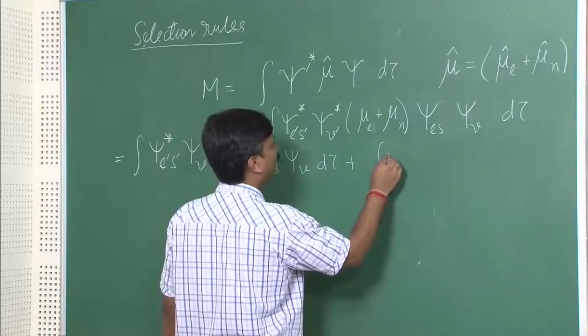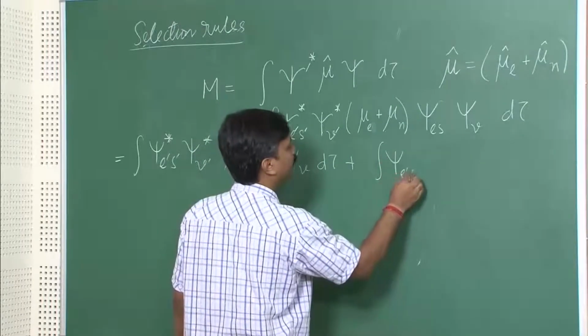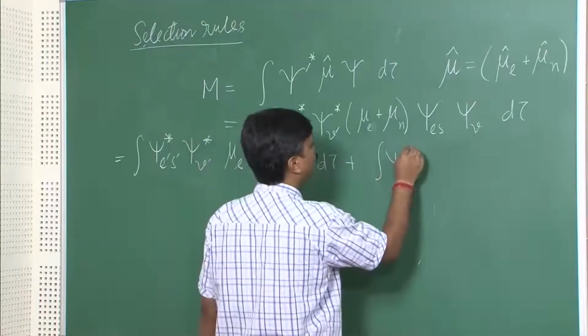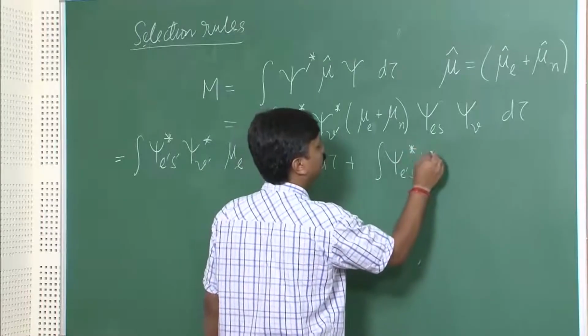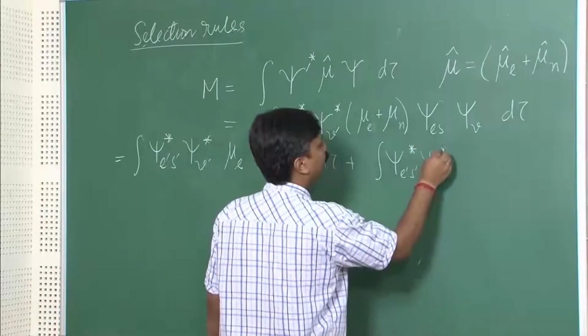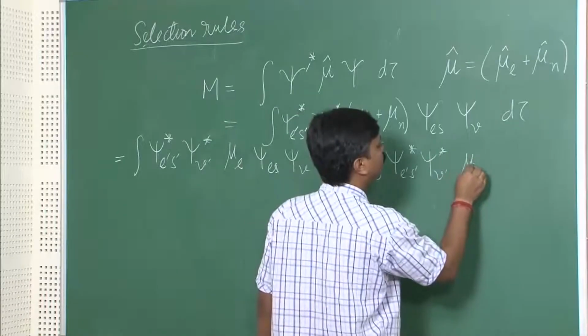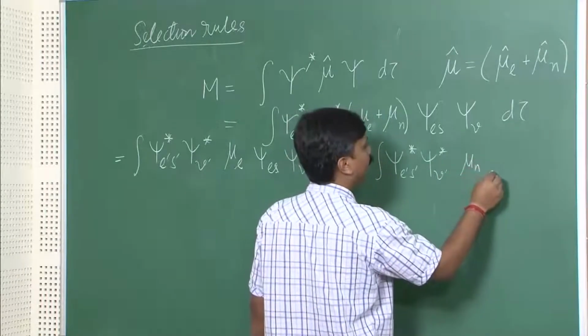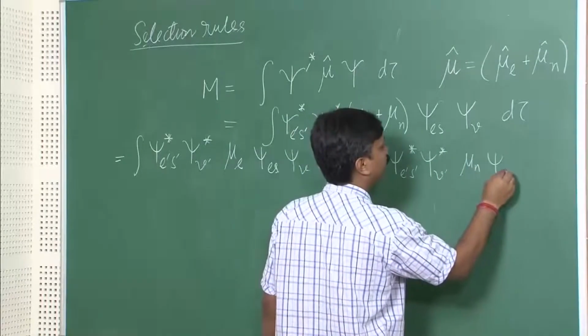So I have the same thing, psi E prime S prime, psi V prime, and then I have this mu N and the ground state part.